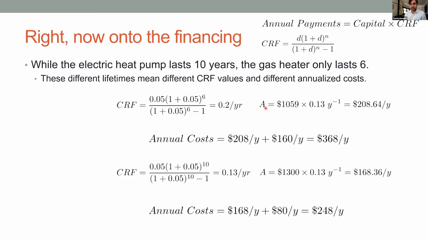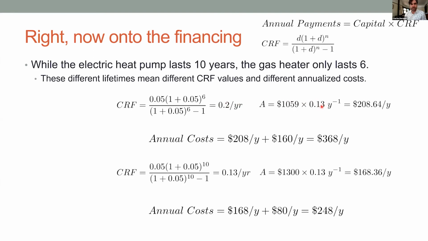So the annualized cost will be the capital cost, 1,059, multiplied by, that's the wrong cost recovery factor. But I did do 0.2 actually here, so ignore this. This answer is right for 0.2, but I've typed the wrong thing here.